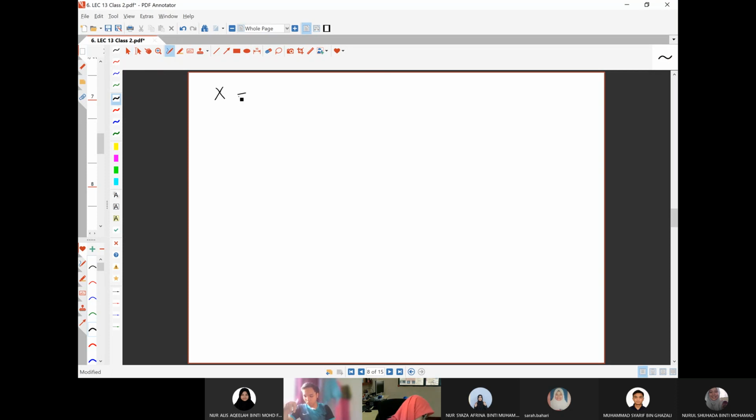Let X be this segment, for any alpha taken from (0,1). We give the transformation T alpha of X as X plus alpha mod 1.